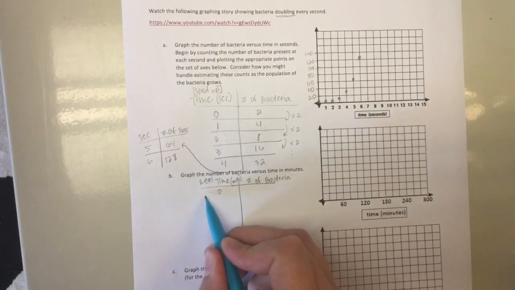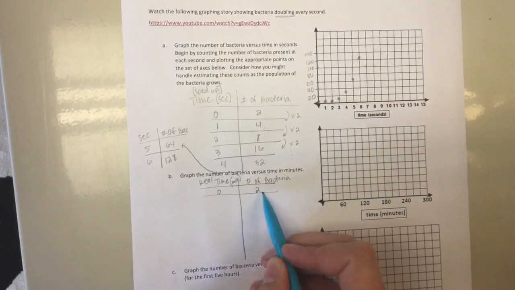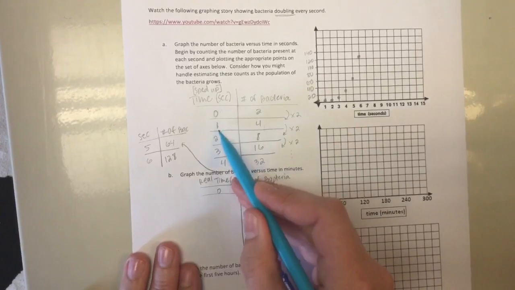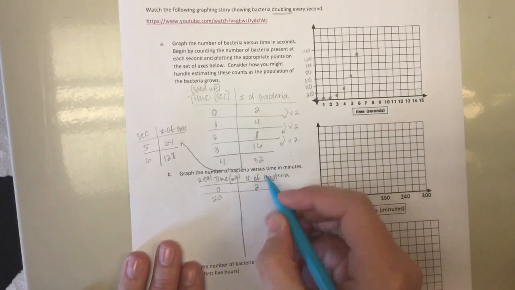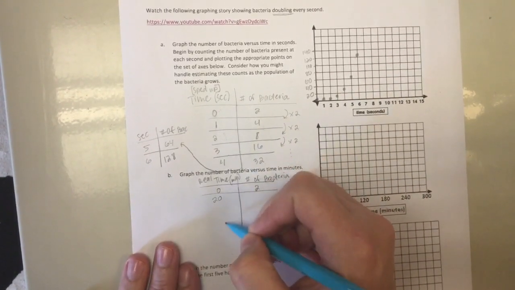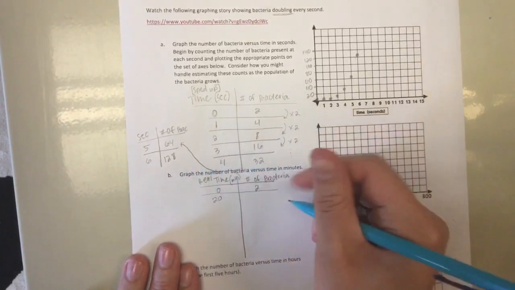Of course, it's still gonna start with 0, 2. So we started with 2 bacteria regardless of how we're counting. But now instead of 1 second, that is the same thing as 20 minutes in real time. This number's not changing. We're just using different amounts of time to describe the same thing. So you'll notice your Y values, your number of bacteria, are gonna be the same.